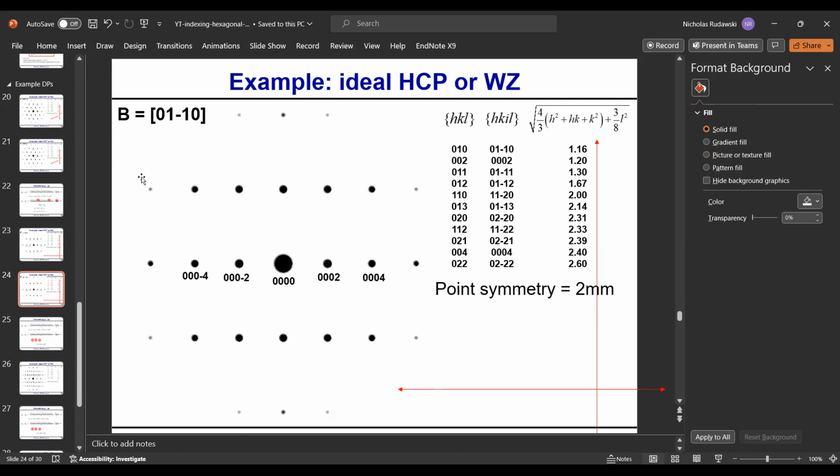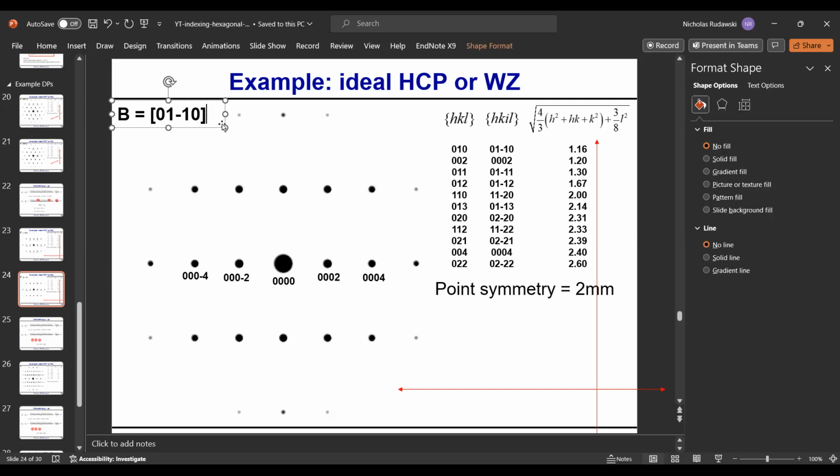For the second index, we get v prime minus t prime, so we end up with 1 minus -1, which is 2. So we end up with 1, 2 bar 0 as the direction. Let me put this here in 3-index so we have it safe: 1, 2 bar 0.